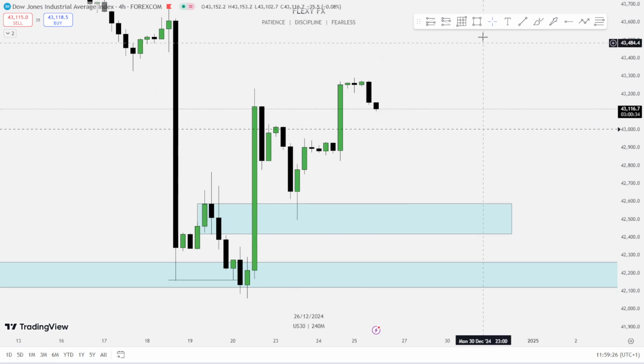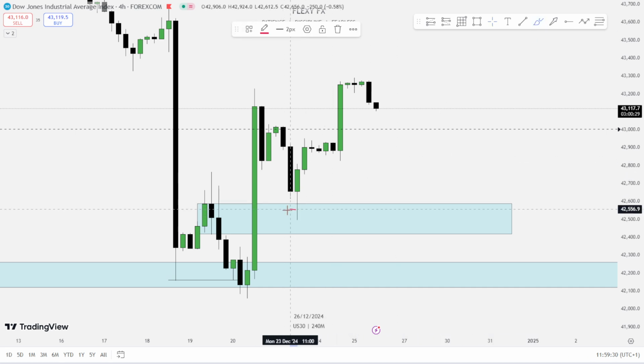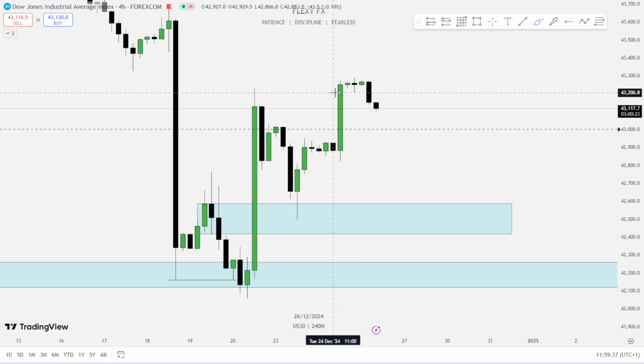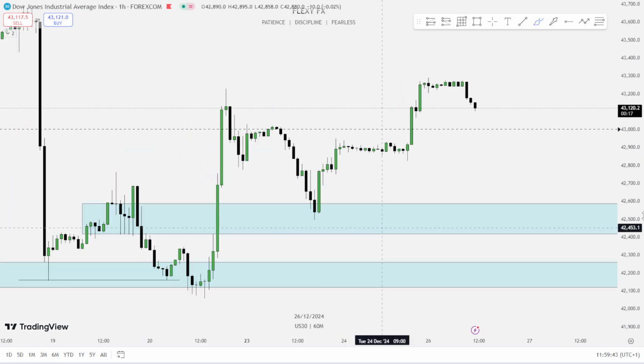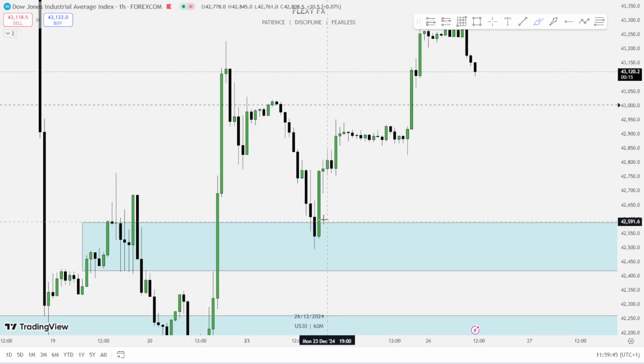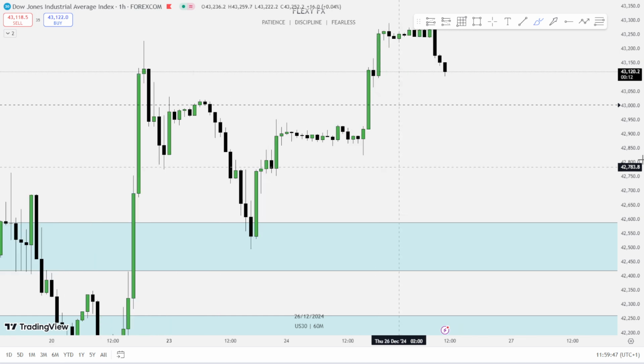Now I told you that we are not going to enter immediately. Price stepped into this zone, and we'll wait for a final confirmation before doing that. Then price gave us that final confirmation on the lower time frame. If we come to the hourly time frame, if you were watching this trade, you are going to see price displace immediately.